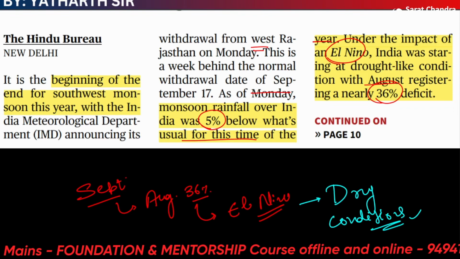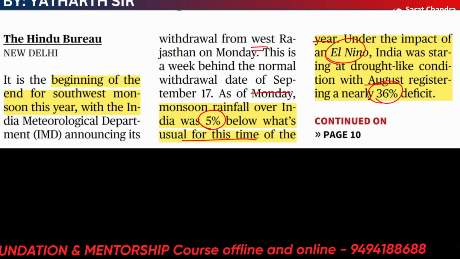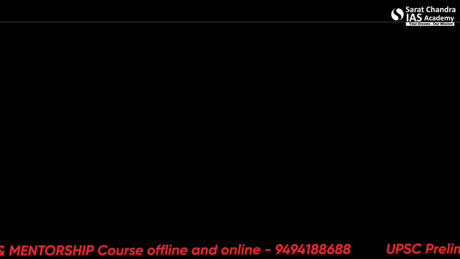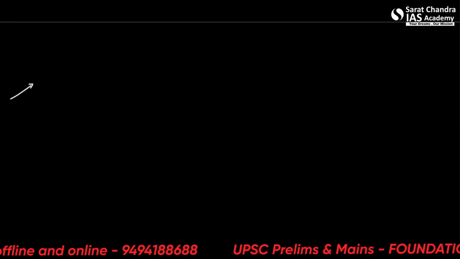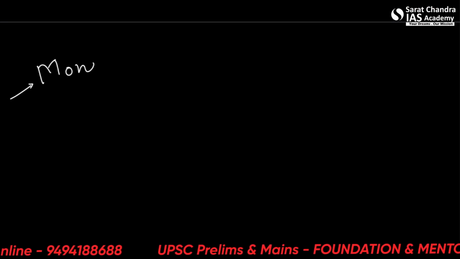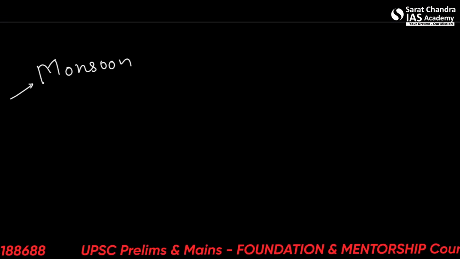This is the mind map of the news. And these are the pickups. So let's just sort out the pickups. What are the pickups from our news? One is the southwest monsoon, and moreover the monsoon actually, the phenomena of the monsoon.